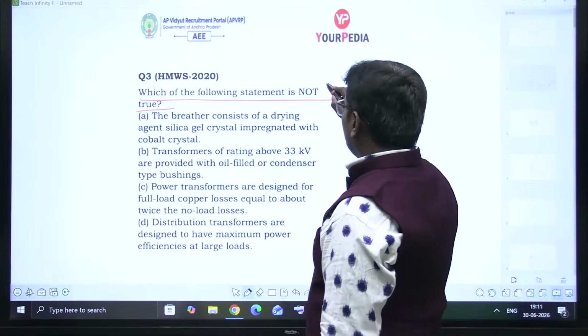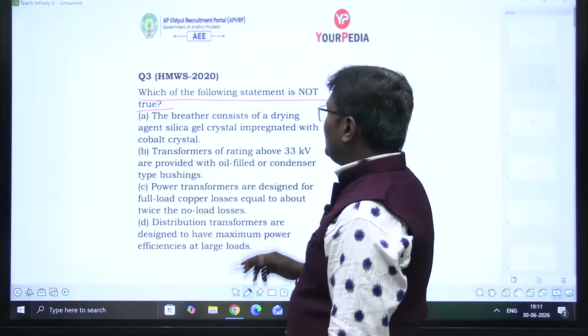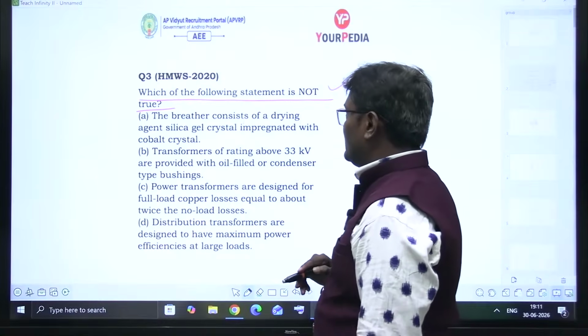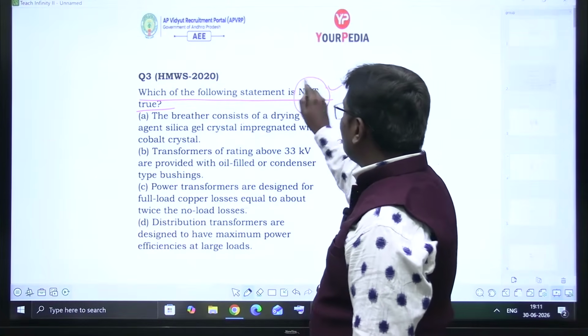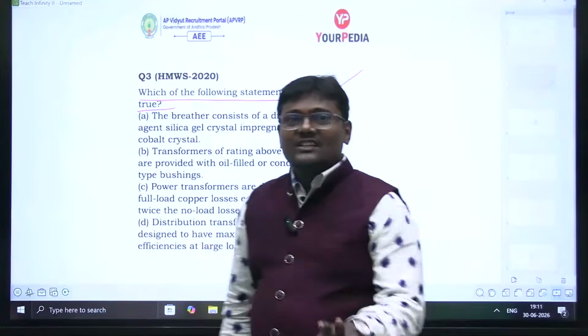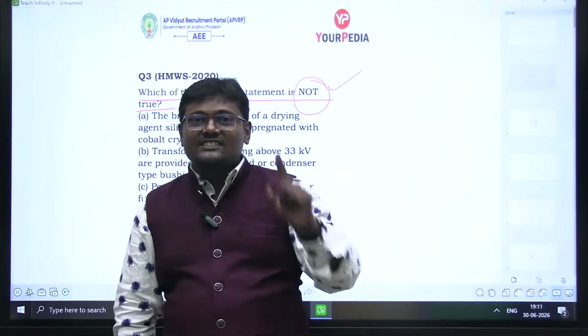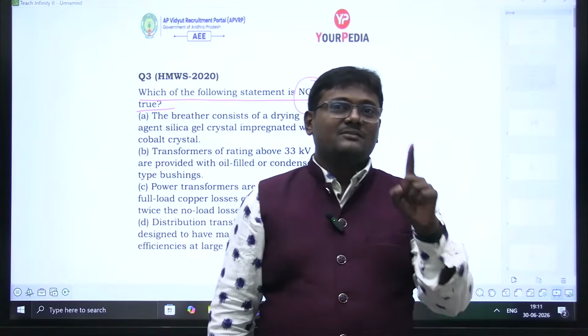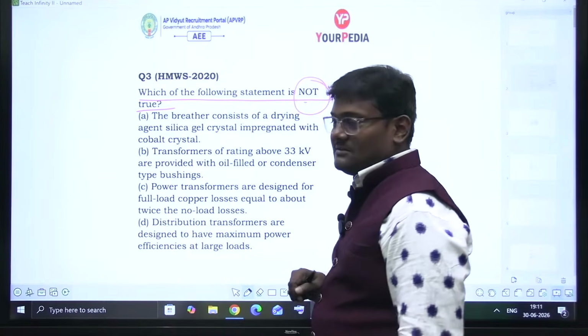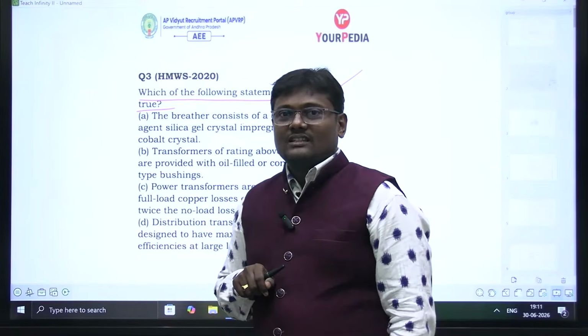Which of the following statements is not true? Okay, so the breather consists of a drying agent, silica gel crystal impregnated with cobalt chloride. It is asking which of the following statements is not true. See, most of the students in the examination committed a mistake here. They didn't read this 'not'.